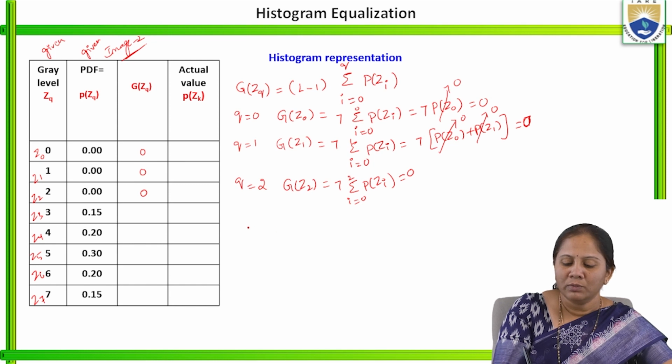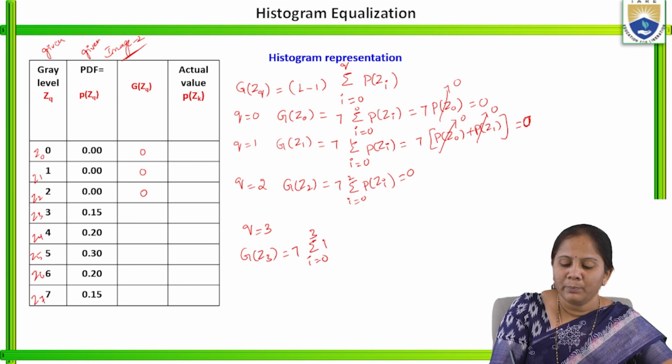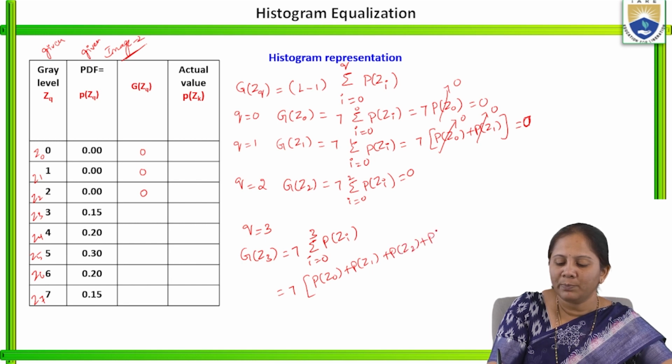Next, coming to Q equal to 3, to find G of Z3, it is 7 times P of Z0 plus P of Z1 plus P of Z2 plus P of Z3.